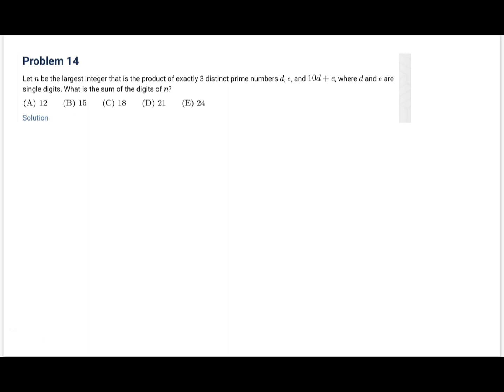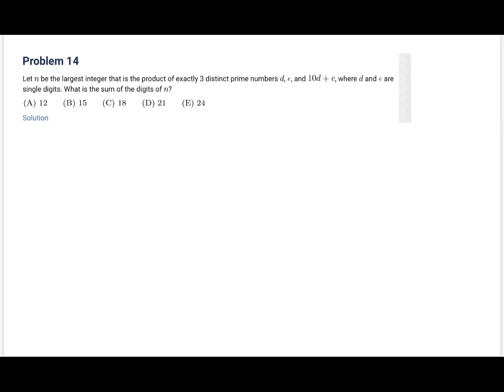Problem 14. Let n be the largest integer that is the product of exactly three distinct prime numbers d, e, and 10d plus e, where d and e are single digits. What is the sum of the digits of n? Okay, so n is the largest integer that is the product of exactly three distinct prime numbers, right?